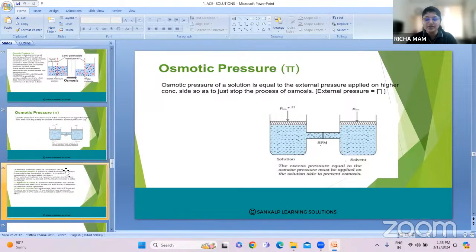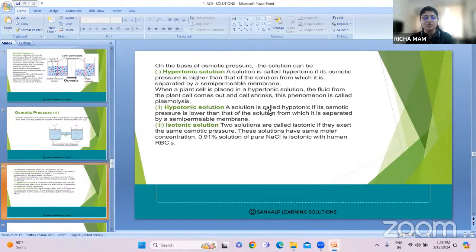Then, based on osmotic pressure, we have seen three types of solution: hypertonic, hypotonic, and isotonic. Can anyone tell me what are isotonic solutions?